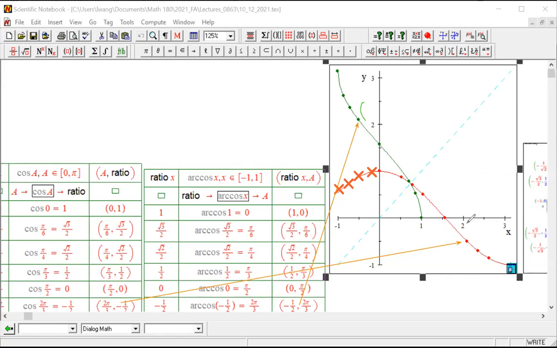These points. This is 2 pi over 3, comma, negative half. Negative half should be in red. All these coordinates.